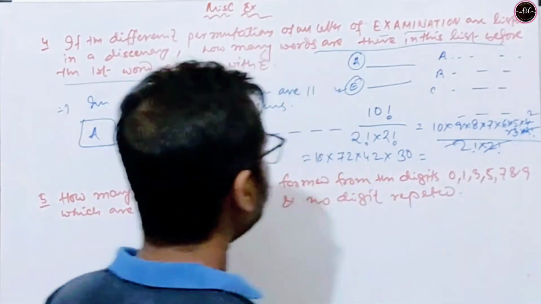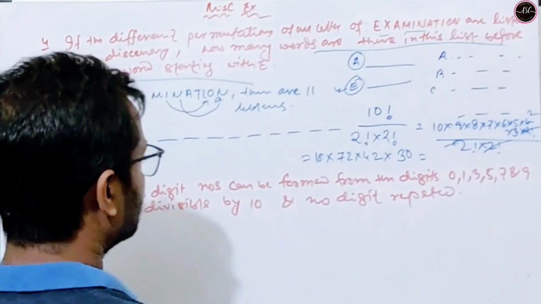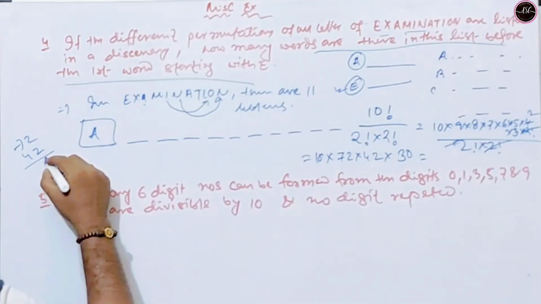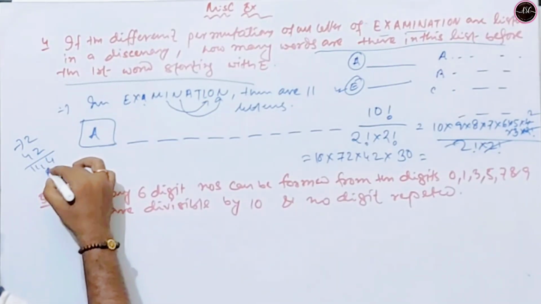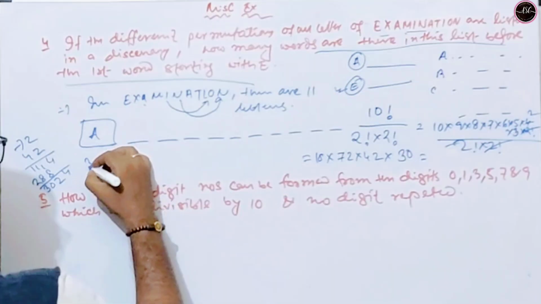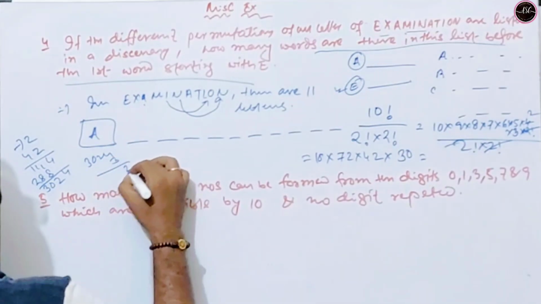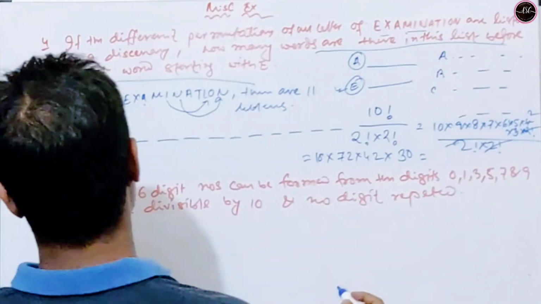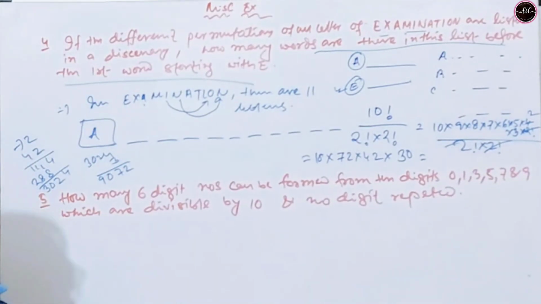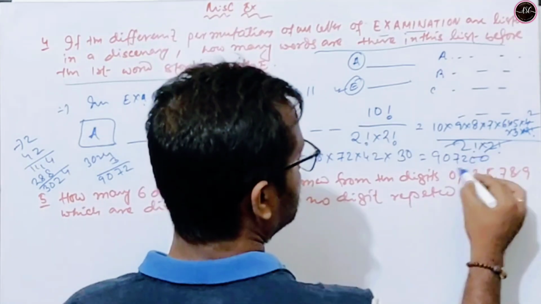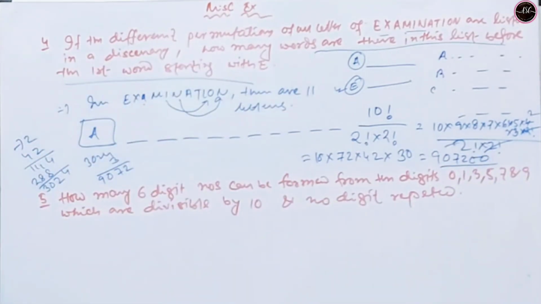Just multiplying this, we get 907200 as the answer.